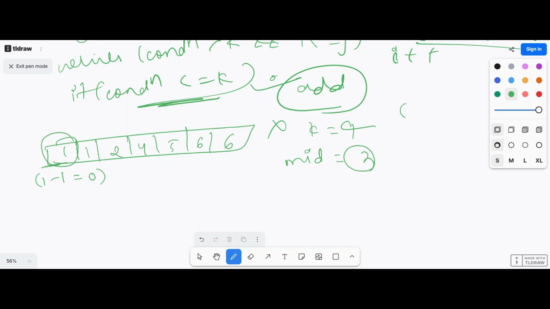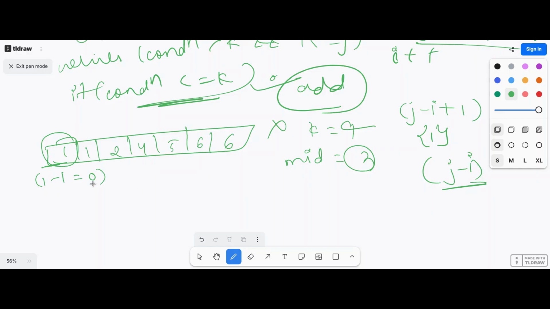The subarrays should be j minus i plus 1. If you are here, j is 0, i is 0, plus 1, only one subarray which contains only one element. But for pairs, at least two elements are needed. So it will be j minus i only.